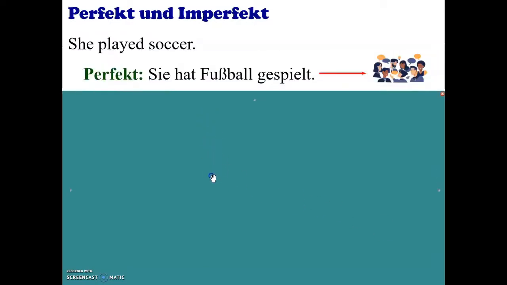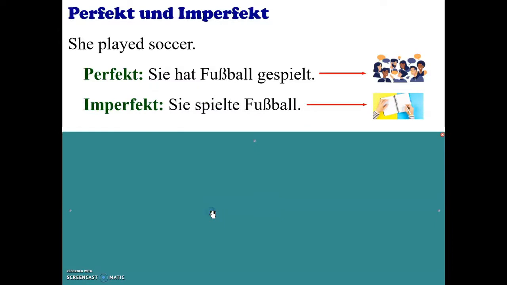So let's take a look and compare the perfect and the imperfect a little before we go any further. This first sentence, she played soccer. We have one way to say that in English, spoken or written. It's always going to be she played soccer. The two sentences that you see here, the perfect, sie hat Fußball gespielt, and the imperfect, sie spielte Fußball.